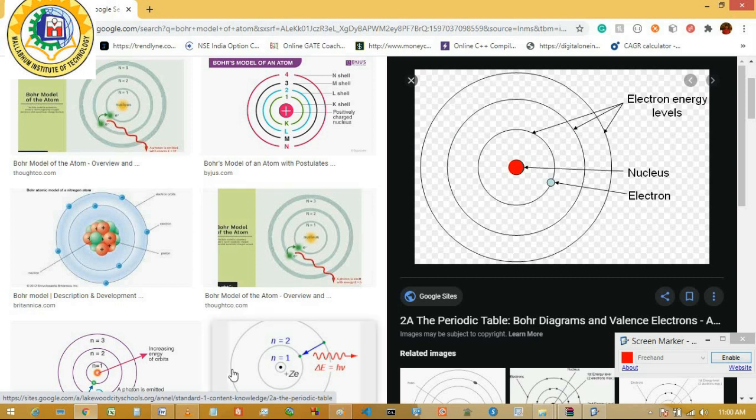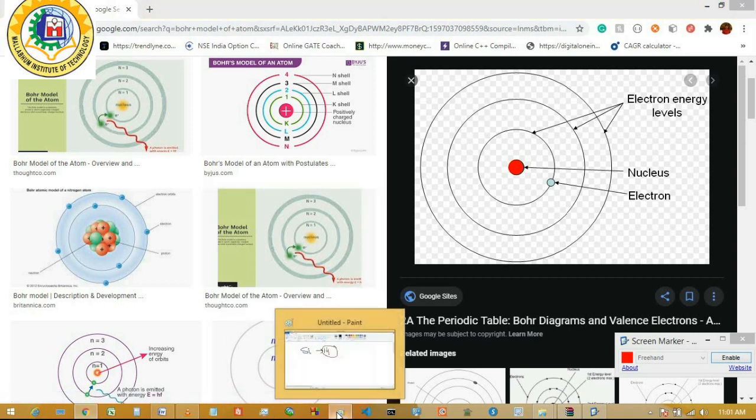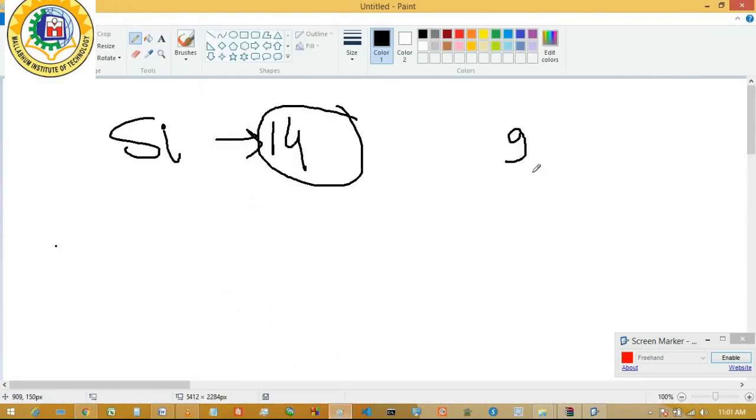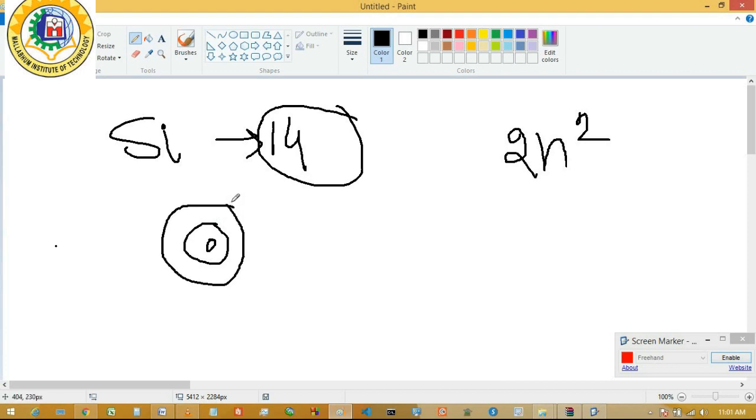According to this theory, the distribution of electrons over these energy states obeys a formula: 2n squared. So if this is your silicon nucleus, the distribution of electrons is like this.